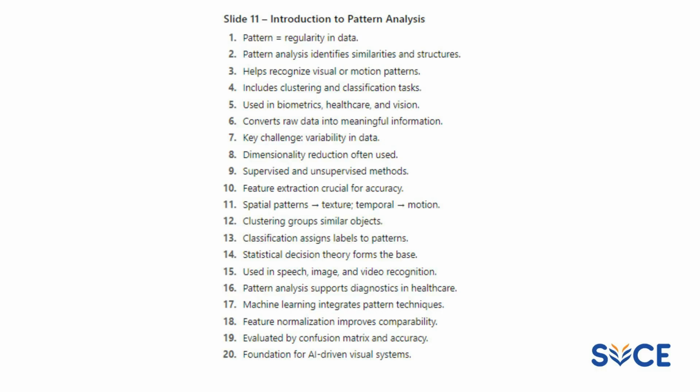Next, we are moving to the key techniques in pattern analysis. First, we are going to clustering, which is an unsupervised analysis which groups similar patterns together without prior labels.